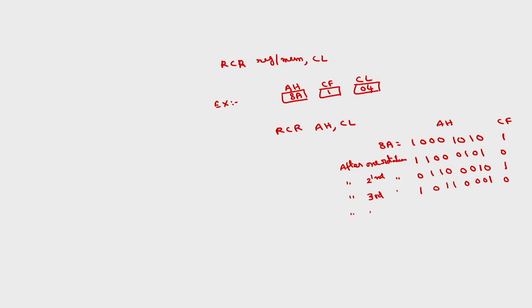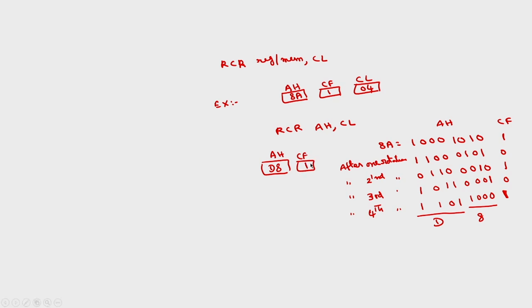And after fourth rotation, the previous carry flag 1 will come here, so 1 1 0 1 1 0 0 0, and this 1 becomes the carry. So after this instruction, the contents of AH will be, this is D and this is 8, and carry flag will be set. So AH will be having D8 and carry flag will be set.